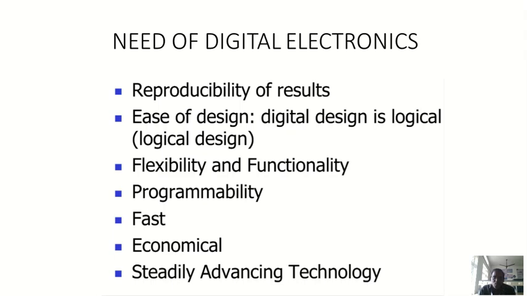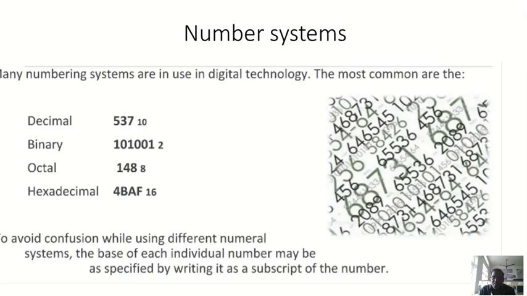We have more flexibility and more functionality. It is easily programmable, comparatively fast, low cost, that is economical, steady and an advancing technology. So that's why we are using digital electronics.